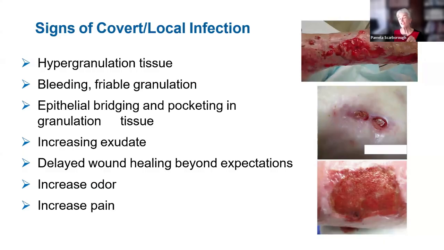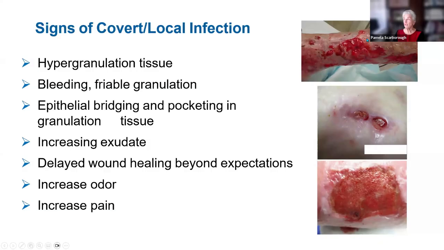Now, you'll get more exudate right after a sharp or surgical debridement, because that creates the inflammatory process and puts the wound back into the early part of the inflammatory process, which is what we want. But when you haven't done anything and all of a sudden you have a lot more exudate, that's usually a sign that your bioburden is increasing. Other signs are delayed wound healing beyond expectations and increased odor.